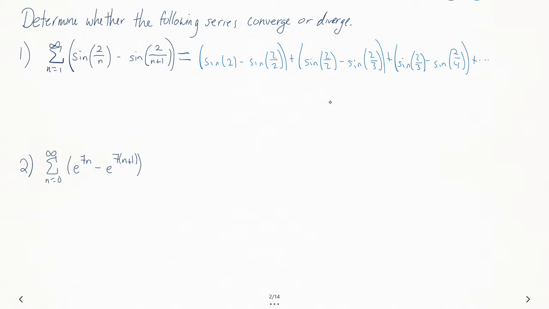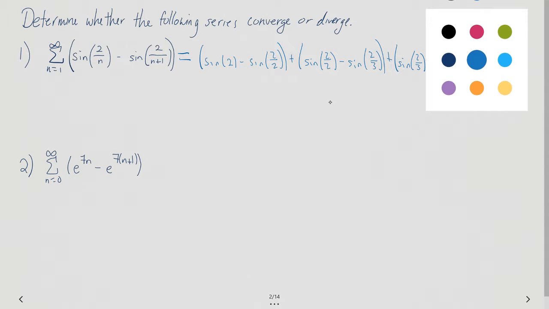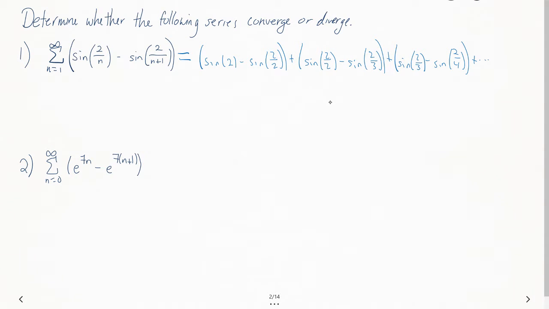What actually happens, when you take a look at this a little closer, is you have negative sine of 2 over 2 and positive sine of 2 over 2, so those two things cancel. You have negative sine of 2 over 3 and positive sine of 2 over 3, so those cancel. And we can continue to do this over and over again.